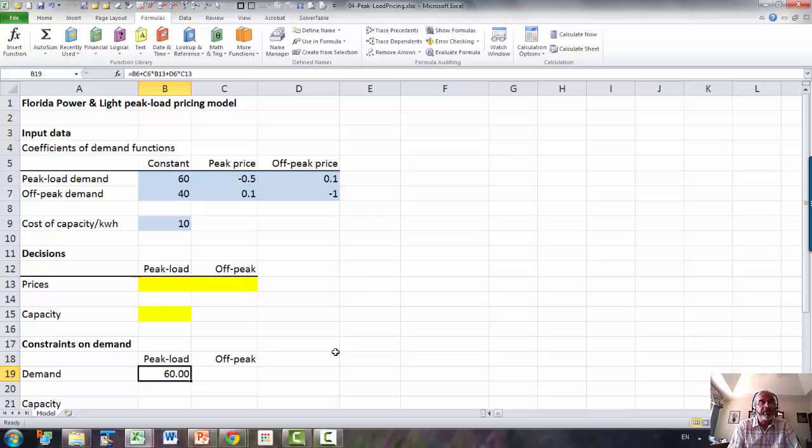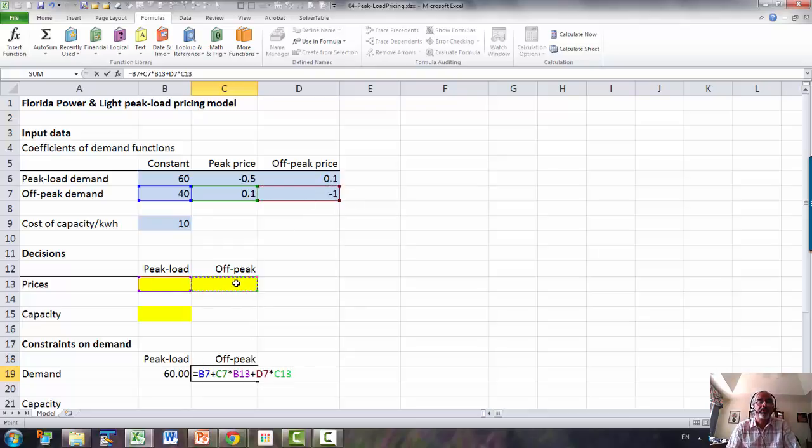So that's the demand for peak period. Off-peak will be, so again we use these coefficients, constant plus the peak period coefficient times peak period price, plus off-peak period coefficient times off-peak period price. So make sure that you set the constants up properly.